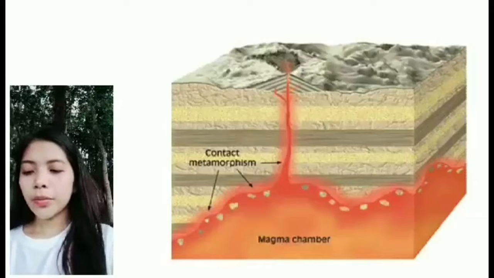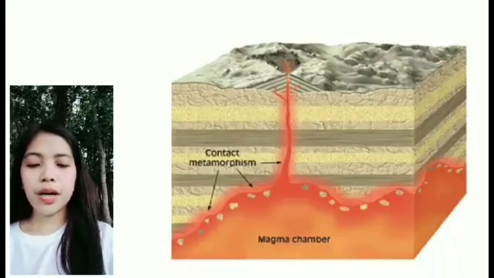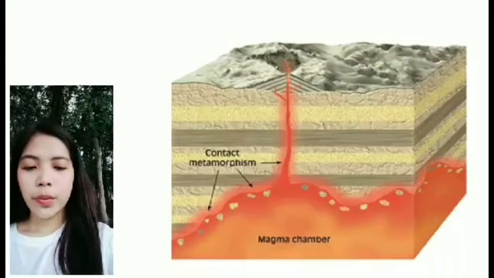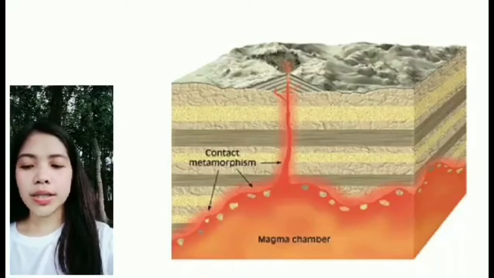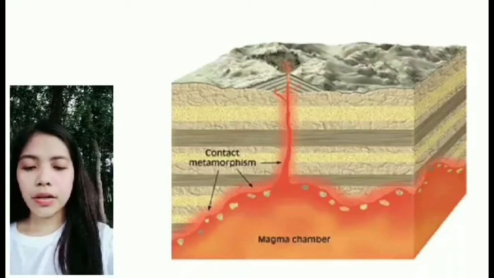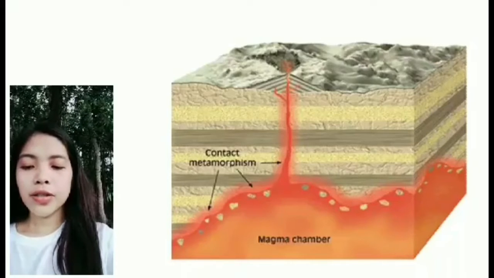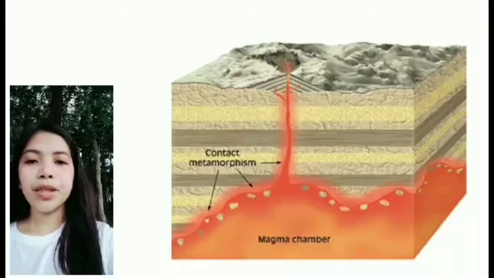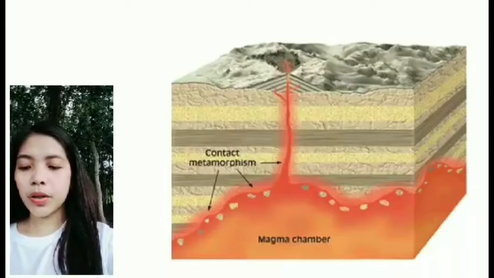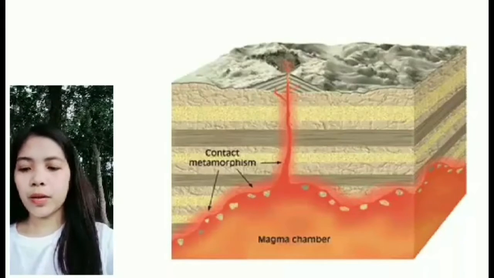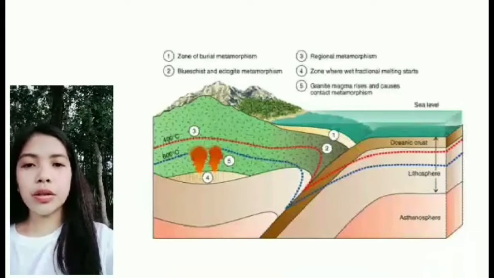Contact metamorphism is when an intrusion of magma forces its way up through the layers of rocks. All of the existing rocks are burned by the heat of the magma. Then it causes them to change, or metamorphose, into something new, and the result is metamorphic rock. Second is regional metamorphism.